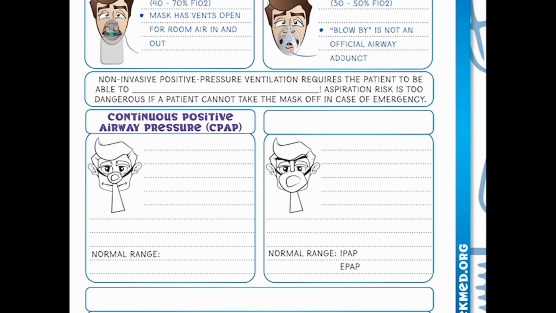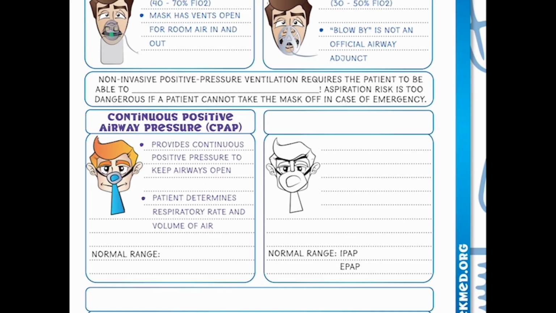Our first kind is our continuous positive airway pressure, or our CPAP. So this delivers a constant, steady stream of air pressure to help keep our airways open. The beautiful thing about CPAP is that our patients are able to take this home and utilize this at home. And typically this is used for something like our sleep apnea.